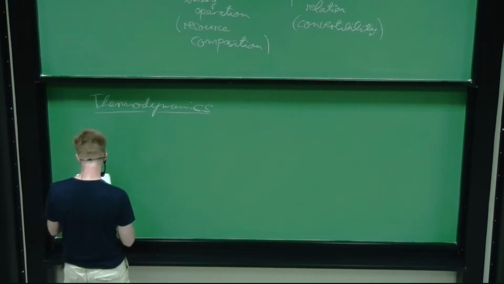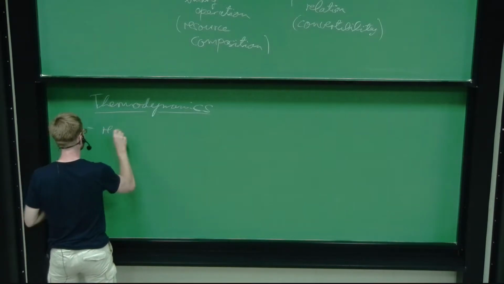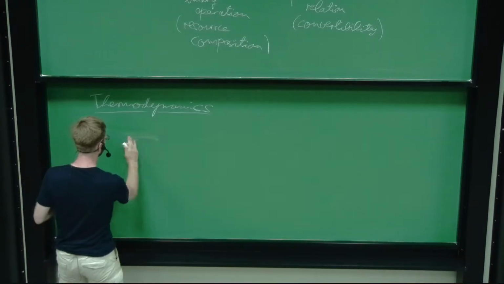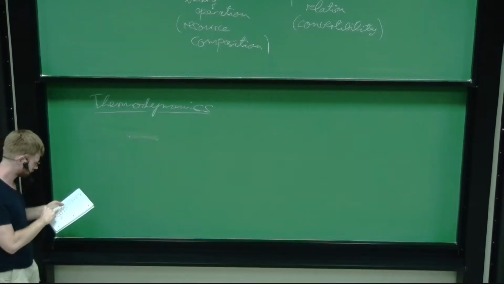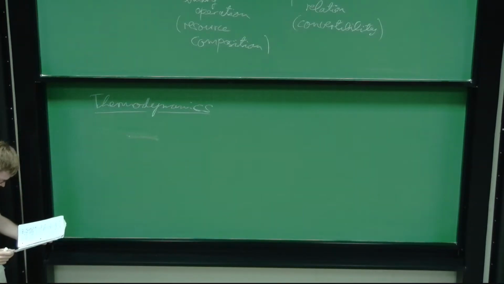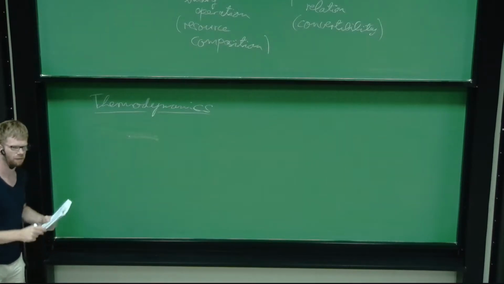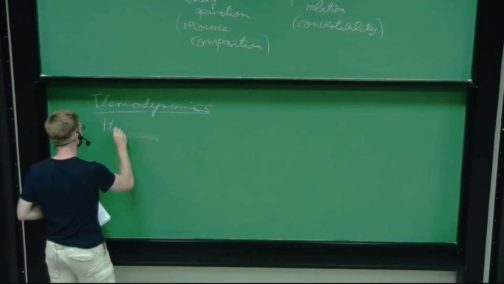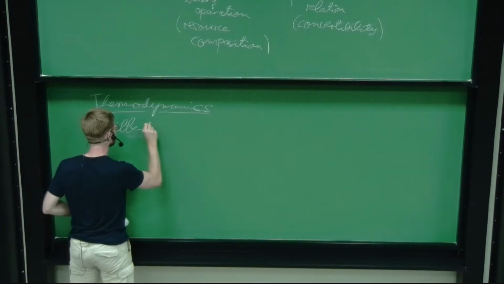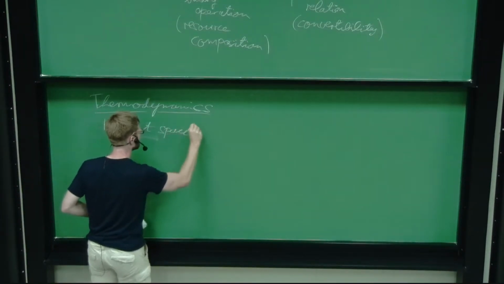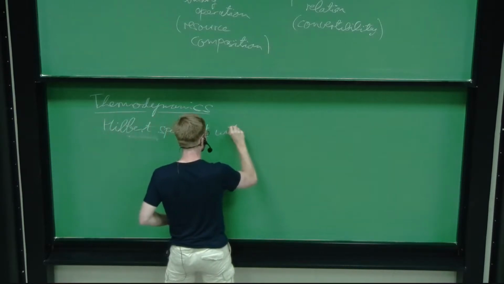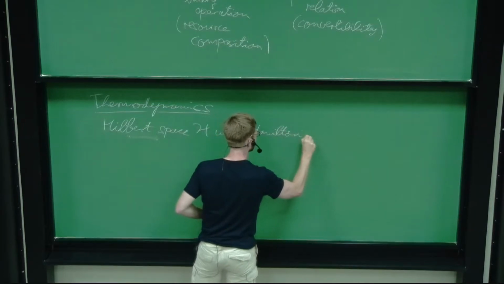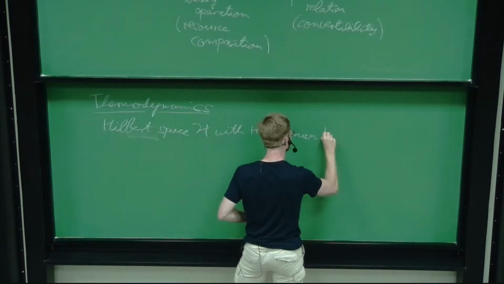Okay. So in thermodynamics, the resource objects that we work with, I should say, the basic setup that we use, is still maybe not completely satisfactory because we only work with one type of system. So we fix a finite-dimensional Hilbert space H with a given Hamiltonian, just an arbitrary Hermitian operator.